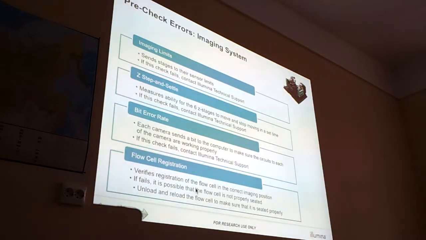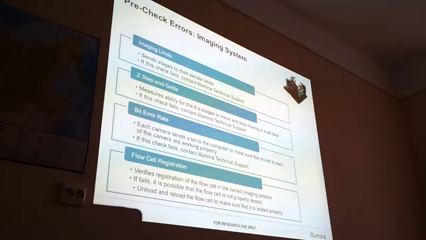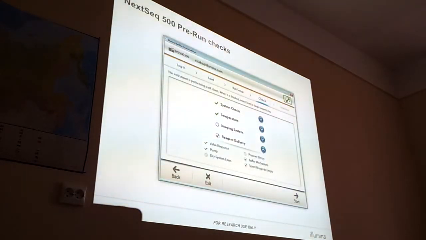Only if the flow cell registration fails, then before calling somebody, you should check that the flow cell is in the correct position and just try to take it out and put it back. Но если что, мы тоже вам позвоним. На всякий случай. Скажем, точно правильно лежит.